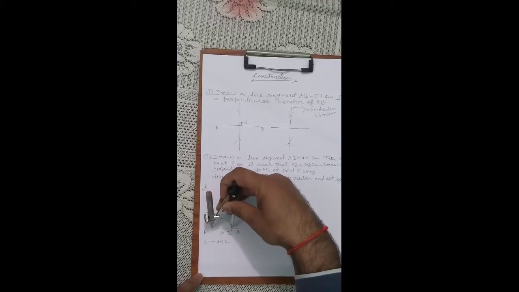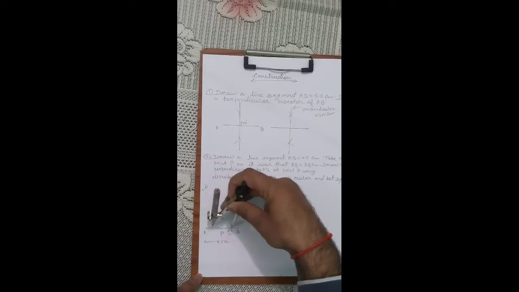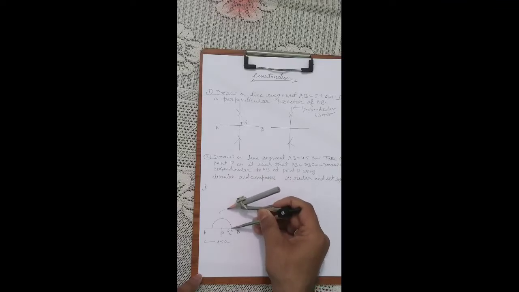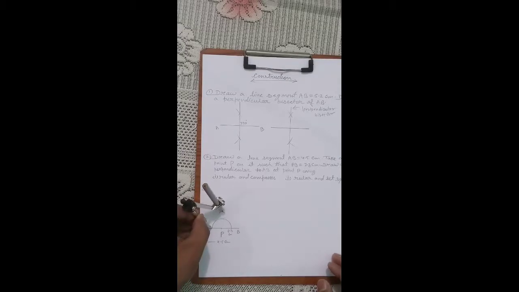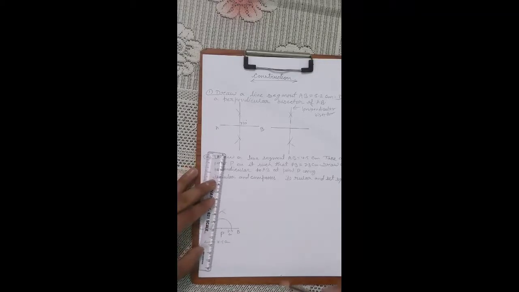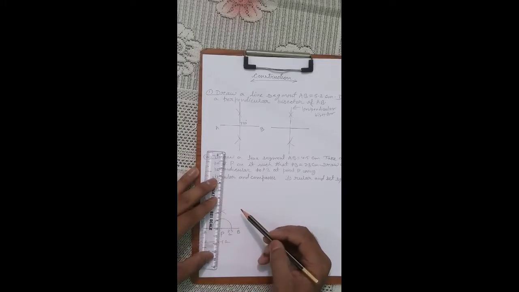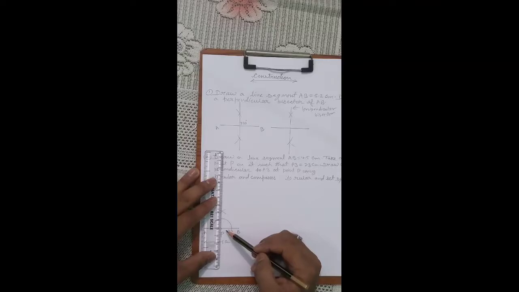See how to measure. One end needle of the compass, other end pencil point. Okay. One arc above. Without changing the radius, we will take another end as a center and we will make one arc above which will intersect the previous arc. Now this intersection point will be joined with P.